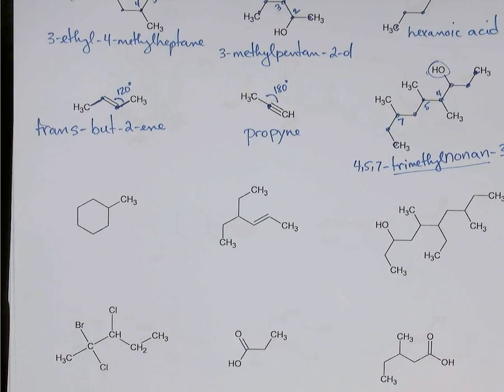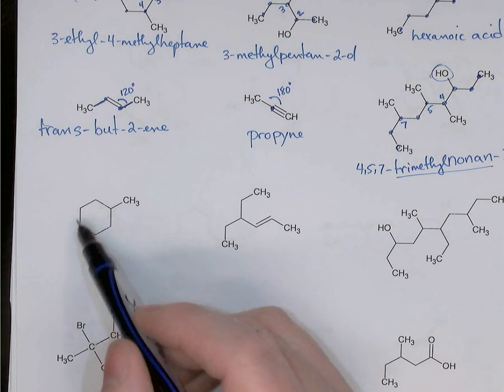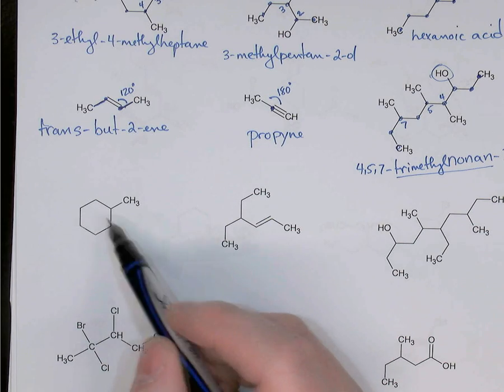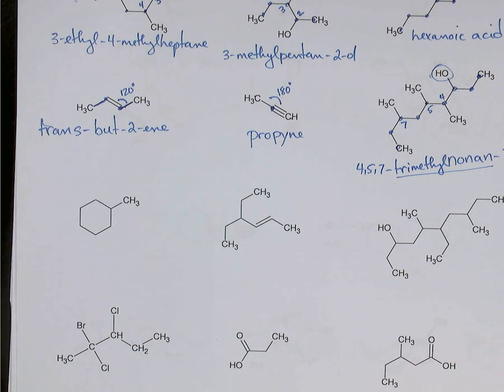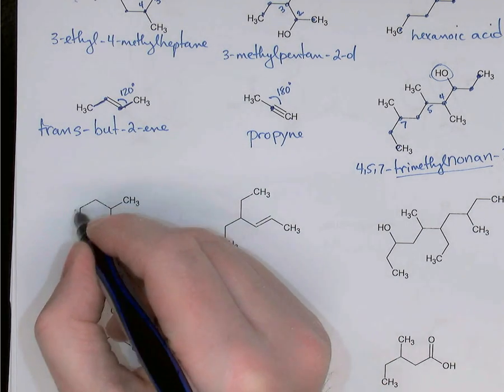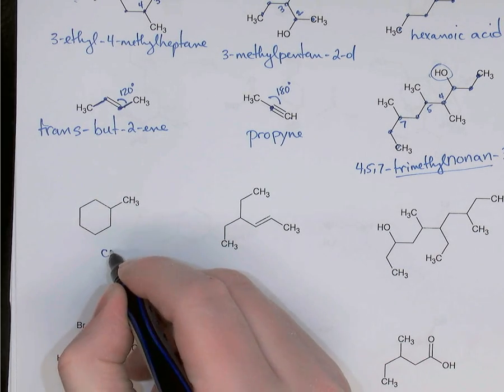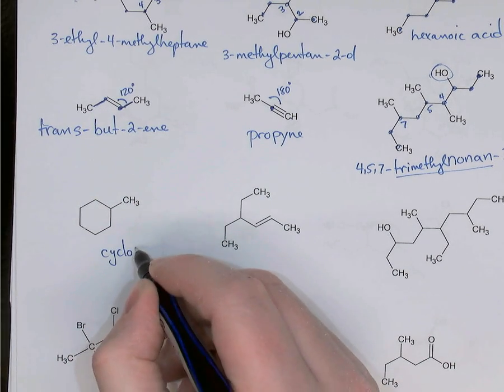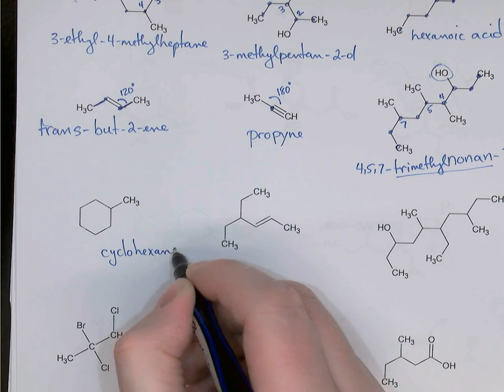Next, we have a cycloalkane, okay, an alkane ring, so only single bonds, so this was a cycloalkane. This ring has 6 carbons in it, so I'm going to start by saying cyclohexane.